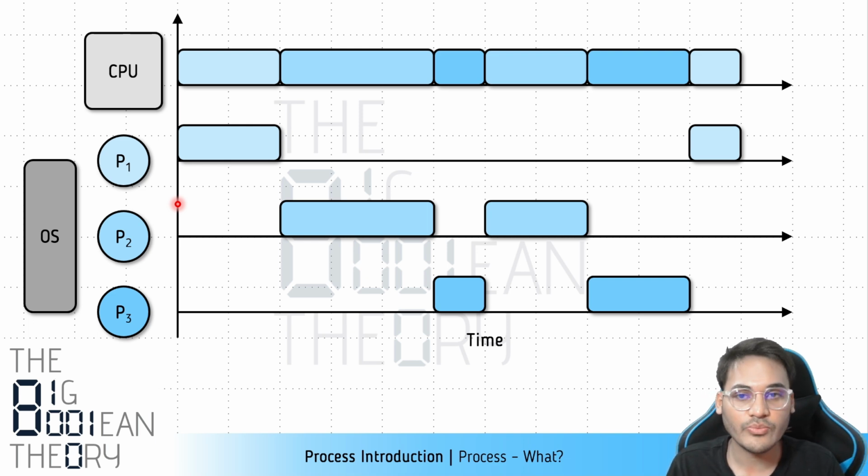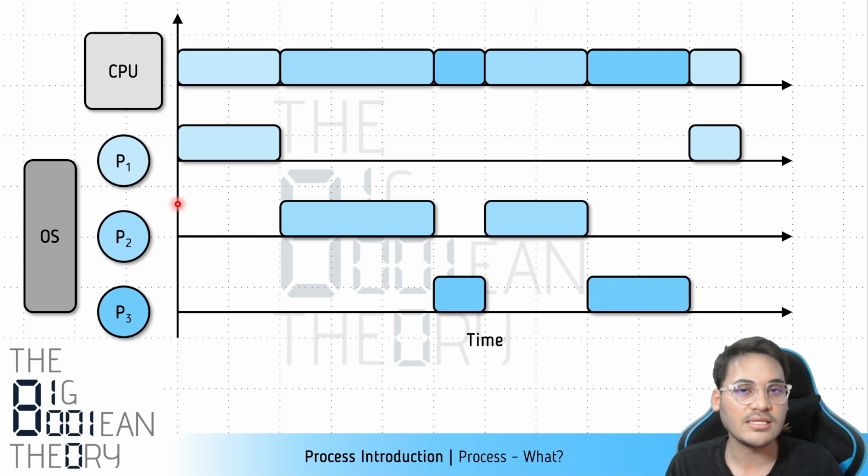Whenever we want to use the CPU, all we have to do is launch our program, and from the operating system's perspective, this running program is a process, and it's the duty of the operating system to ensure that that running program, that process, gets a fair share of the CPU. So from the user's perspective, using the CPU is easy now. They just have to launch a program, and they can be assured that whichever program they launch, it's the operating system that will take care of allocating the CPU to their program.